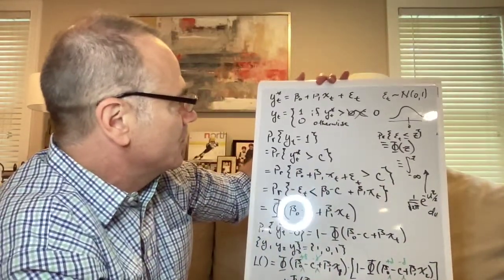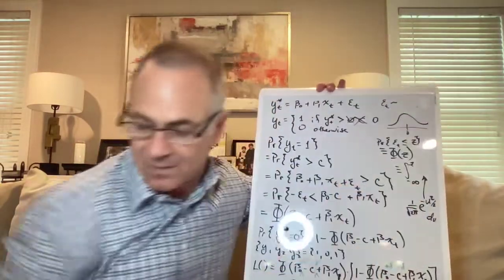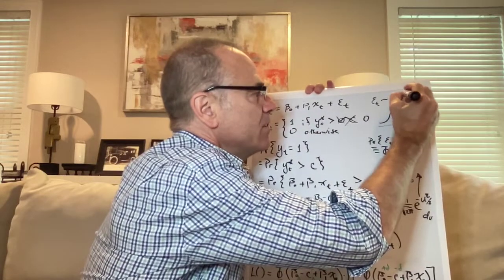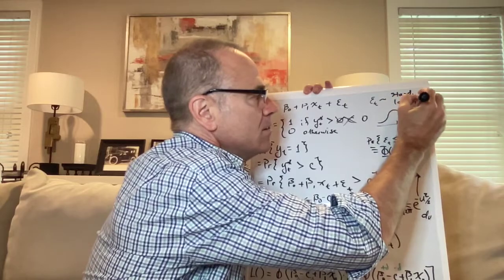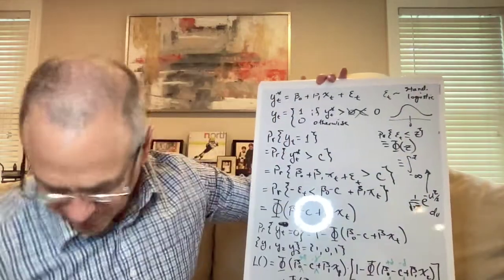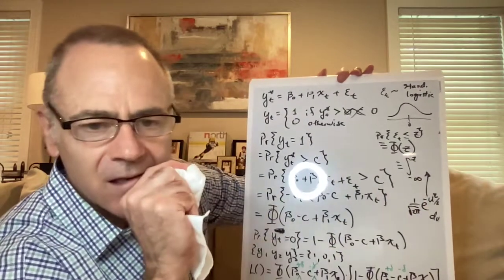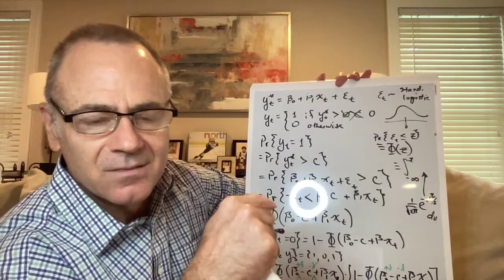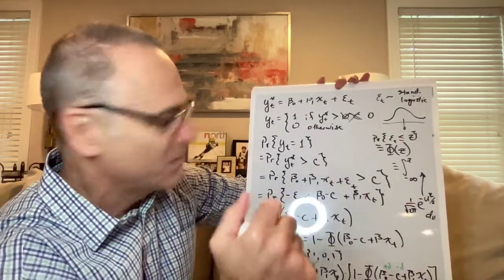So here's what I'm going to do. Okay. Epsilon t instead now is standard logistic. You know, I don't think logistic is actually quite symmetric. It comes close to being symmetric.